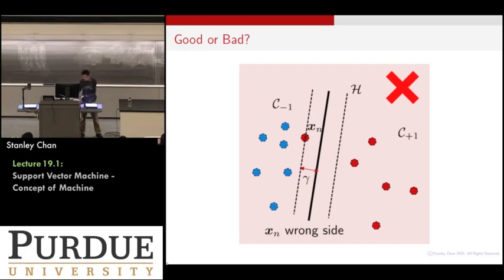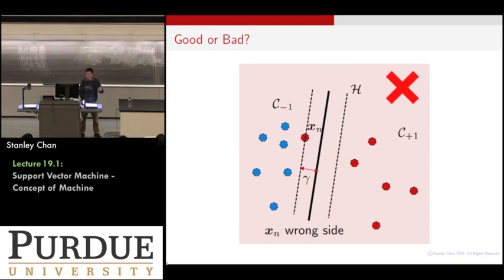So in order to get to the support vector machine solution, you really need to achieve two things. One, the data points are correctly classified. And two, this margin has to be maximized. Is that all right? Is that intuition clear? This is how people define support vector machine.